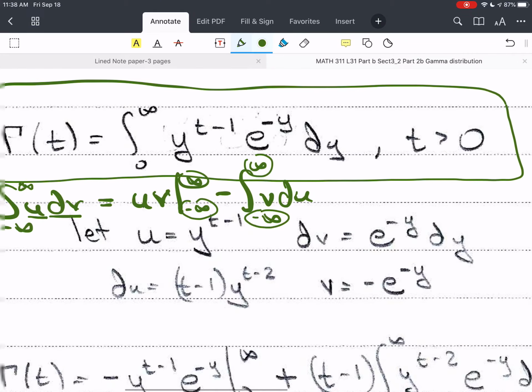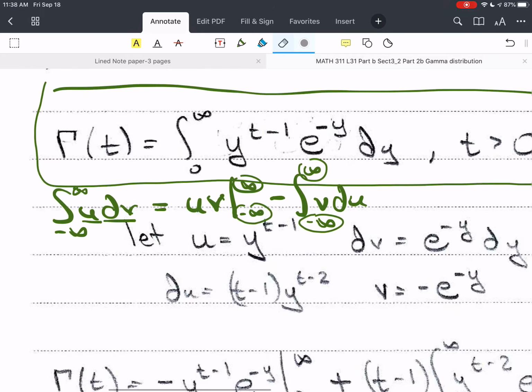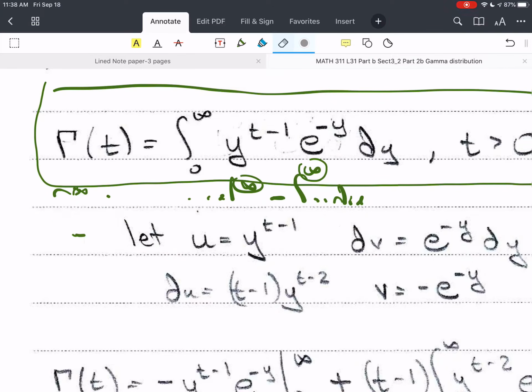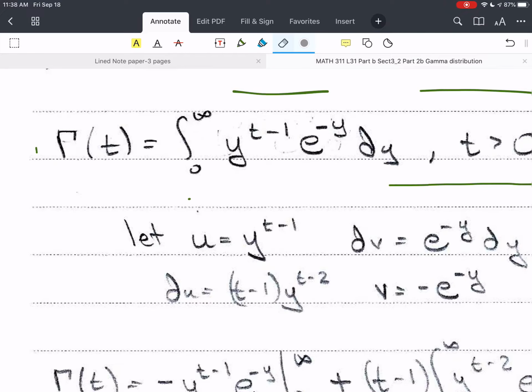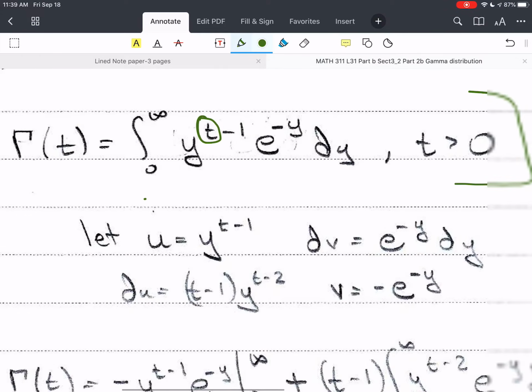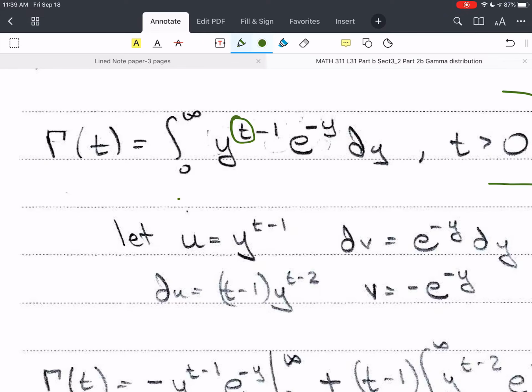Okay, so let's review how we do this. We're wanting to integrate the gamma function. And so we want to set u to something that goes away eventually. All right, so that's the strategy. And remember that t is a positive number, so it just has to be greater than 0.